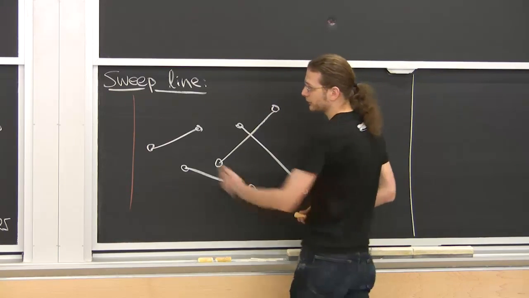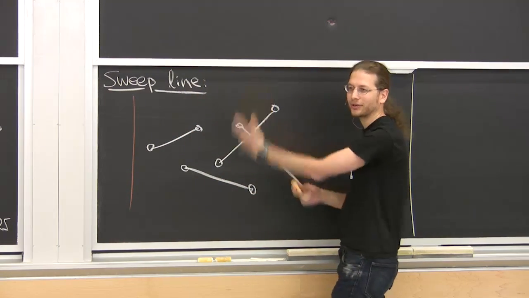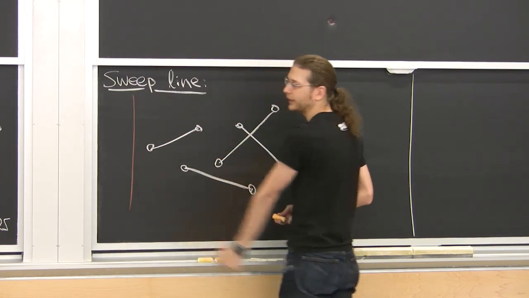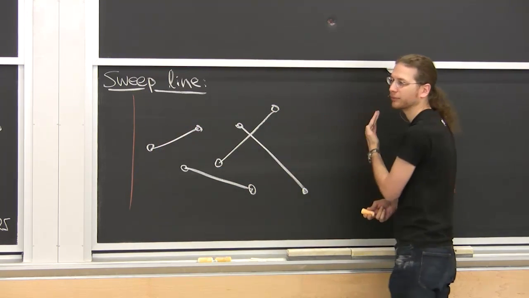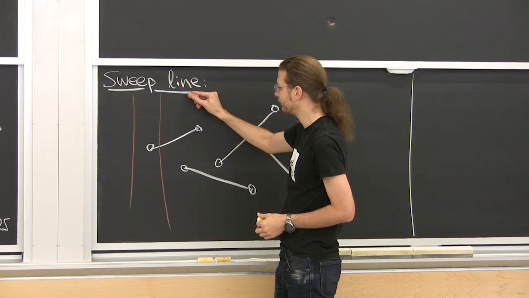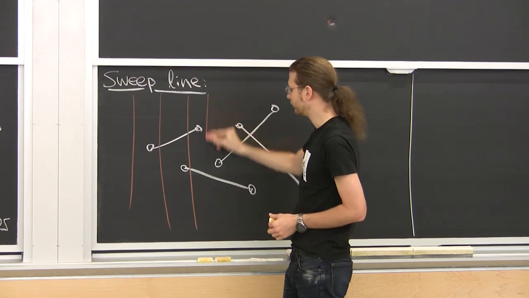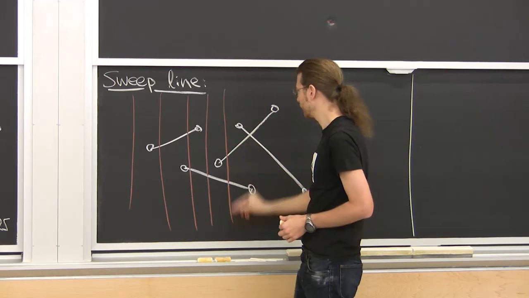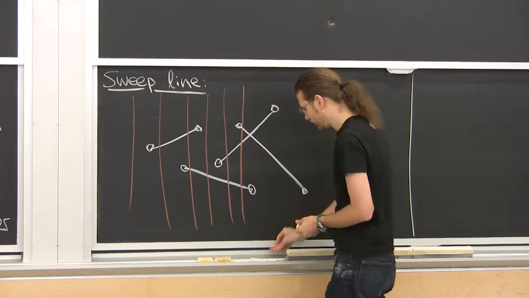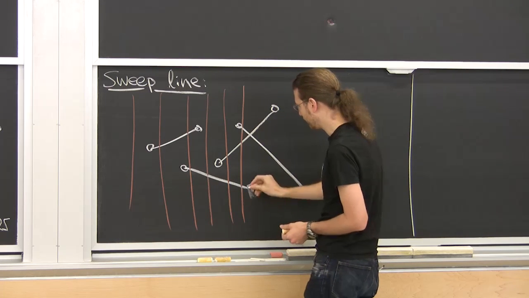So the idea is we want to linearize or one-dimensionalify the problem. So just take a slice of the problem with a vertical line and imagine sweeping that line from left to right. You imagine it moving continuously. Of course, in reality, it moves discretely. Let me unambiguate this a little bit.